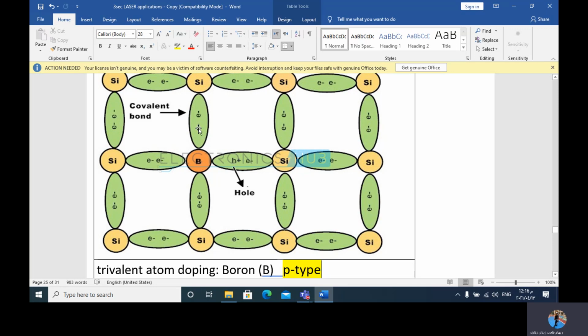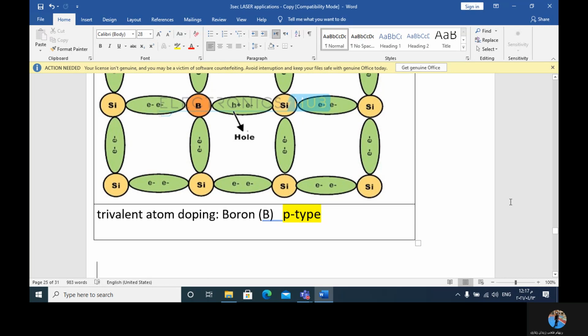So 1 electron from boron, 2 electrons from boron, 3 electrons from boron, and the fourth place does not have the electron necessary to form the covalent bond with this silicon. In this case, this is considered a hole. This hole provides the p-type conductor. So trivalent atom doping, such as boron, whose symbol is B, gives me a p-type semiconductor. This is how the p-type is formed.